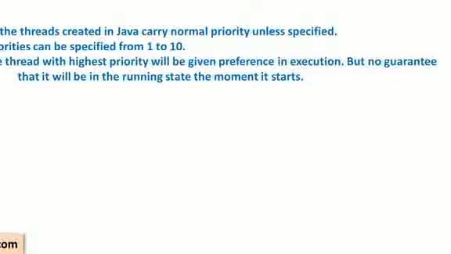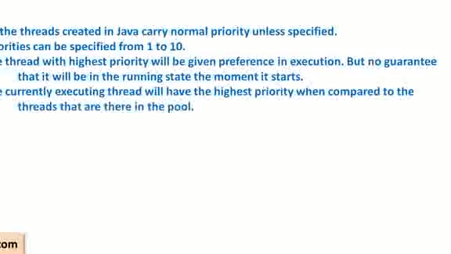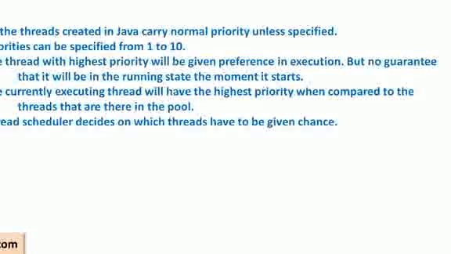Then, the currently executing thread might have a higher priority than the threads waiting in the pool for their turn. So the higher priority threads will be given preference, and it is the thread scheduler which decides what thread should be given a chance.